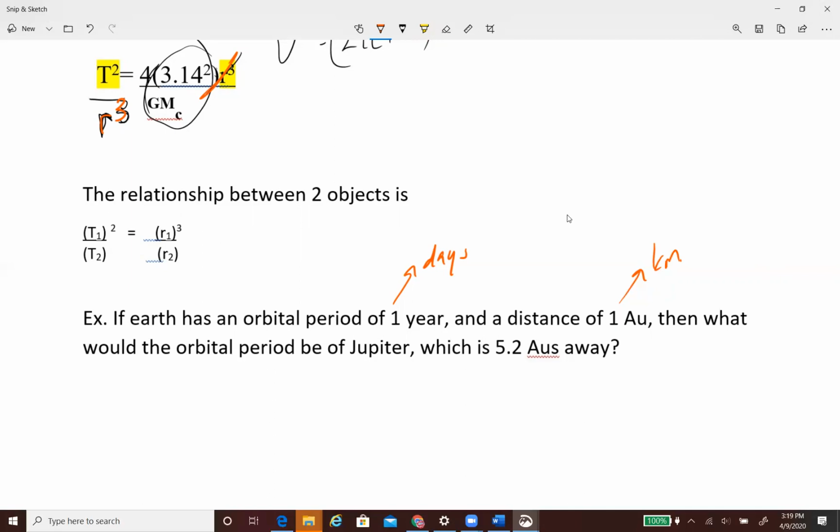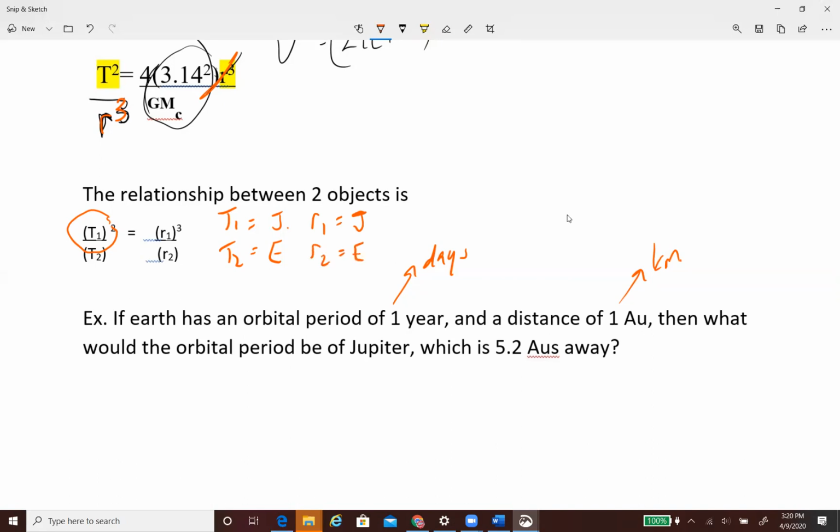Kepler's third law says that we can figure out the orbital period of Jupiter. I'm going to call Jupiter's orbital period T1 because that's on top. T1 is the orbital period of Jupiter. T2 will be the orbital period of Earth. R1 is the orbital distance of Jupiter, and R2 is going to be the orbital distance of Earth.